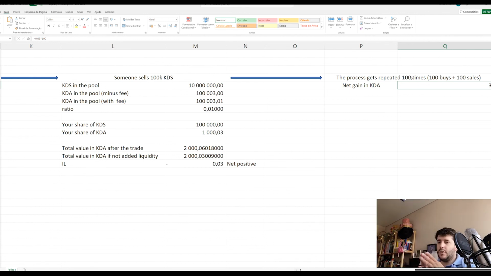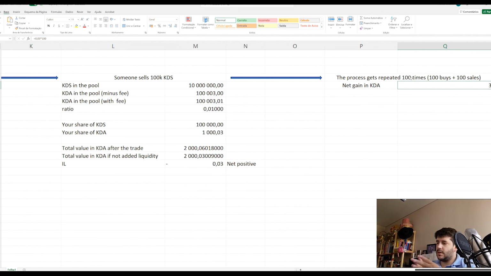So what you need to think about is, how do I see the price of this token, and how do I see the volume for this token in 1 month, 2 months? Or if you want to provide liquidity for a year, how do I see it in 1 year? Will the price be 10 times higher, but the volume will be in the millions? Well, that may be worth it.